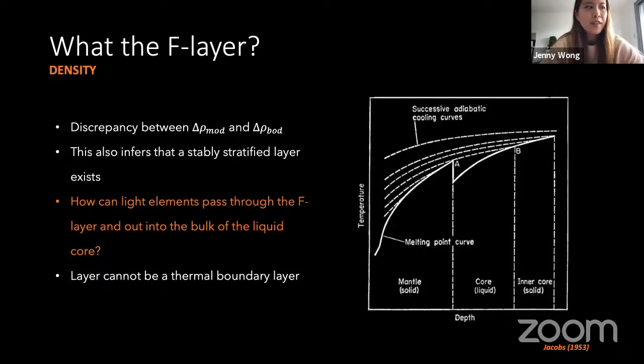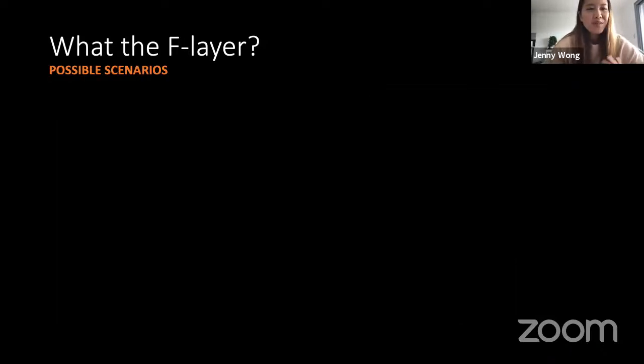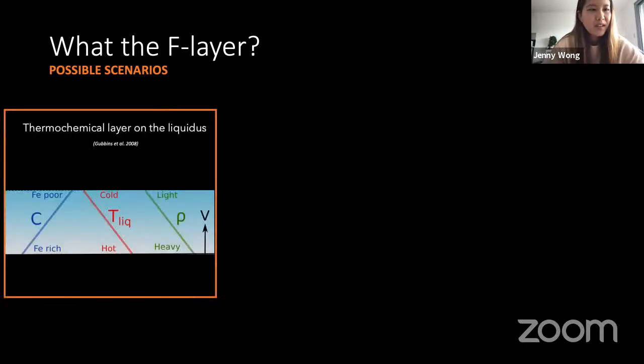But the thicknesses observed from seismology are on length scales much higher than the diffusive length scale, so that rules out that it could be a thermal boundary layer. So there are some other possible scenarios that people have hypothesized over the previous years.